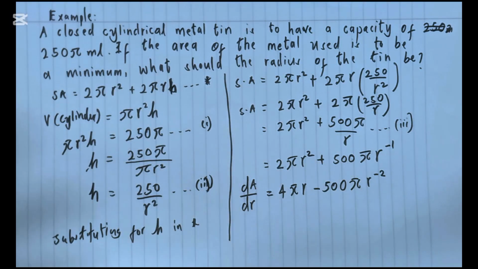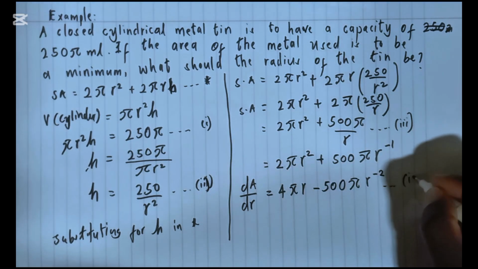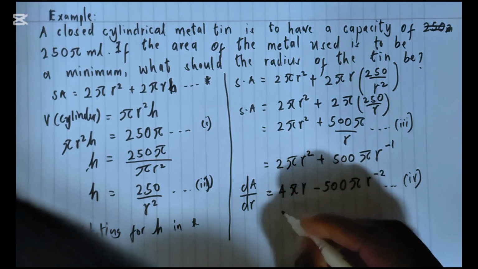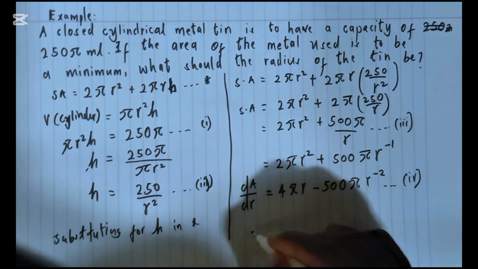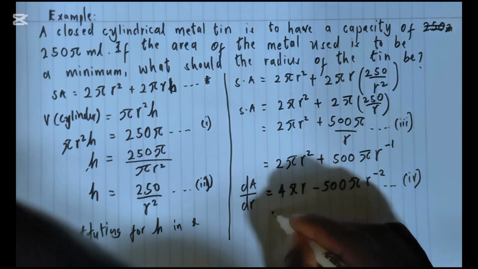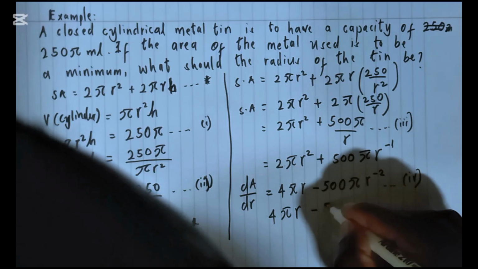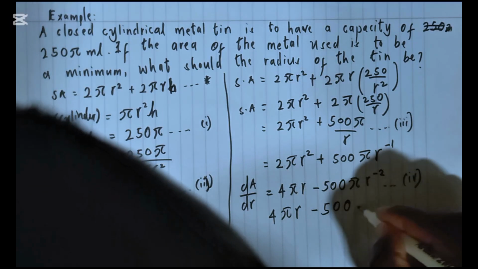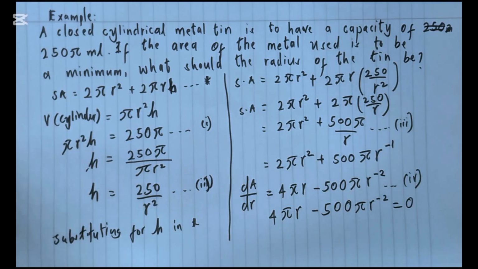So for us to solve this particular problem, we will go ahead now and equate the whole equation to 0. So basically the equation, which now I'll call equation 4, for us to solve for the value of r will be 4 pi r minus 500 pi r raised to negative 2 equals 0.